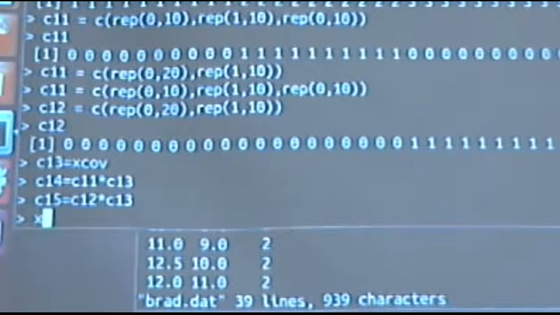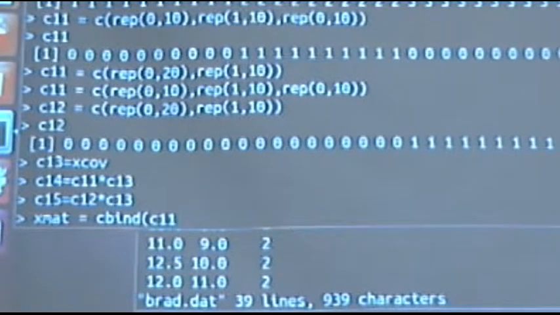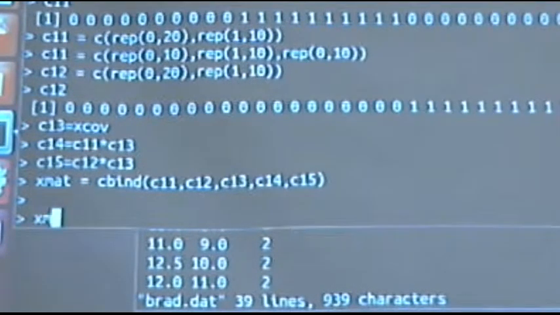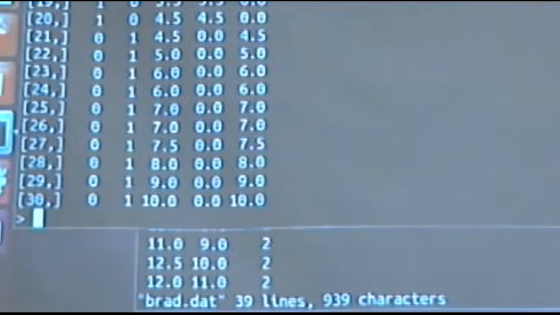Or you could just call it XMAT for the design matrix. And I'll just combine those columns, right? There's my design.